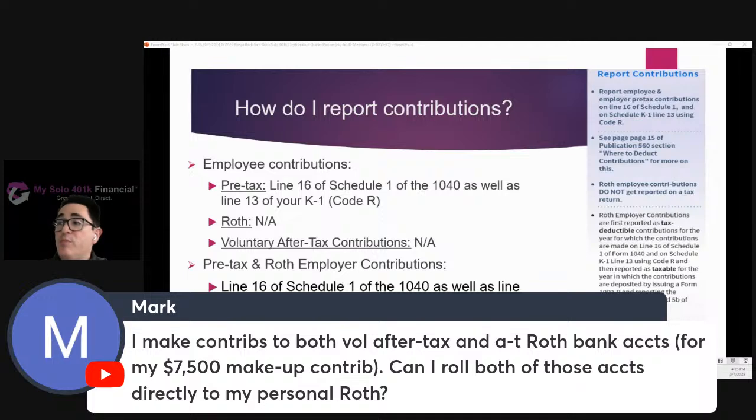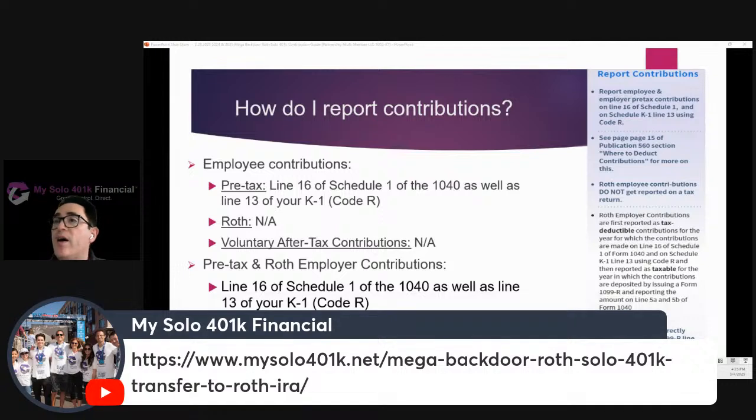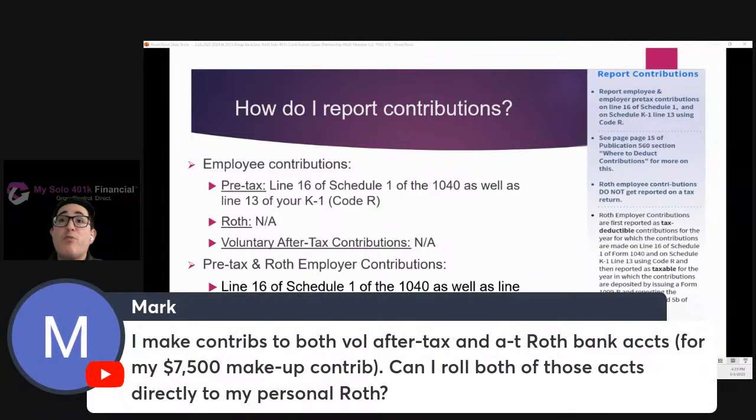Because anytime you're moving money, and here's a procedure page that talks about the whole after-tax to Roth IRA. But as far as the catch-up contributions, that goes directly to the Roth solo 401k. So when you make catch-up contributions, you don't make those as after-tax contributions. They're either made as pre-tax employee or Roth employee.